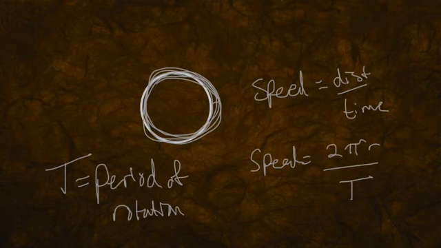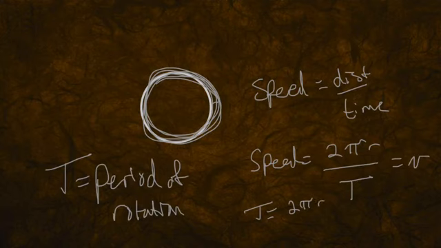Okay. Now, if we call our speed v, and we want to find our period of rotation, then we get period equals 2 pi r over v, and that's our formula for a period of rotation.